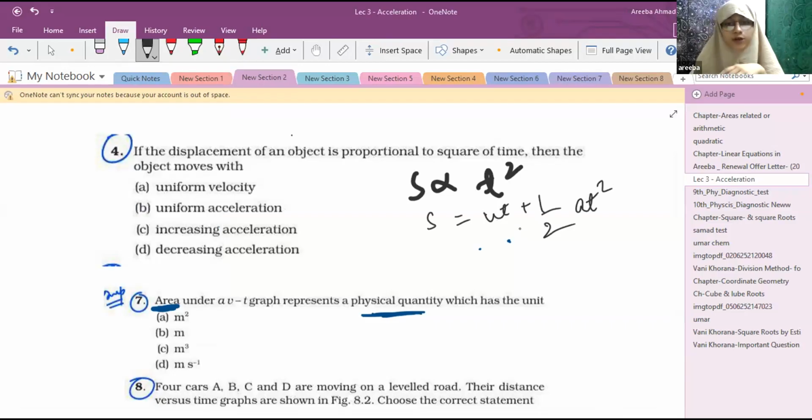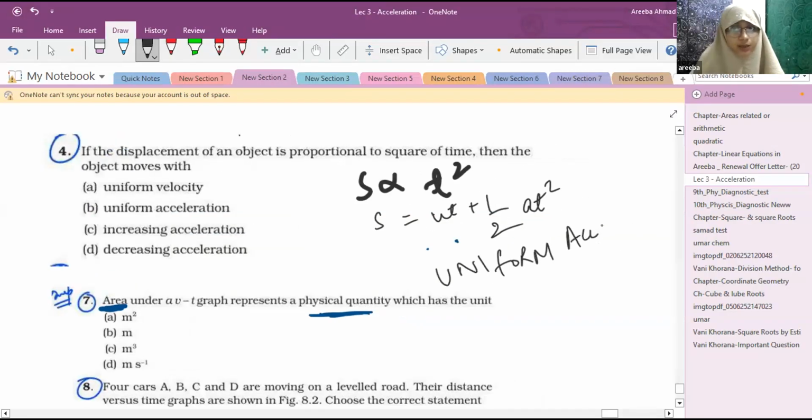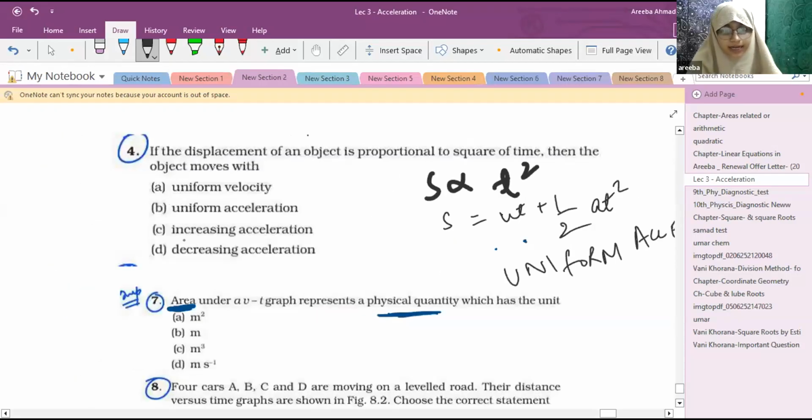Excellent, Abdullah. I've told you these three equations are valid only for uniform acceleration. So the answer becomes B, right? Both of you have sent correct answers.